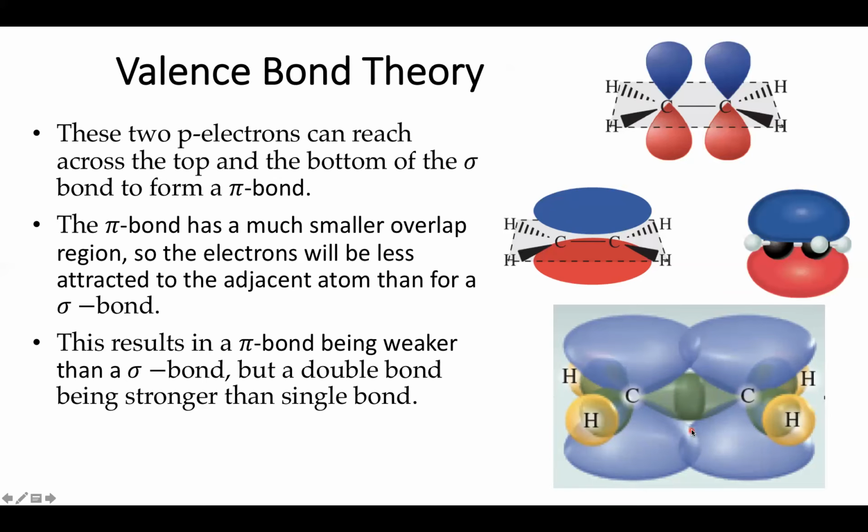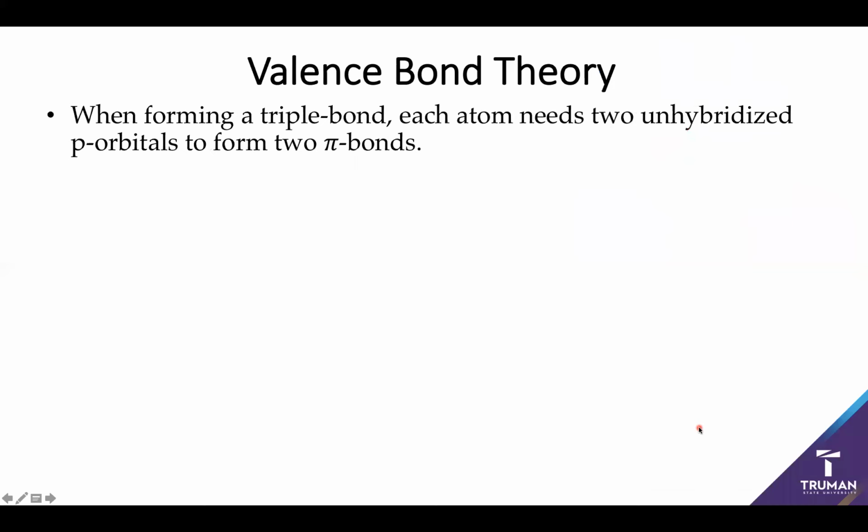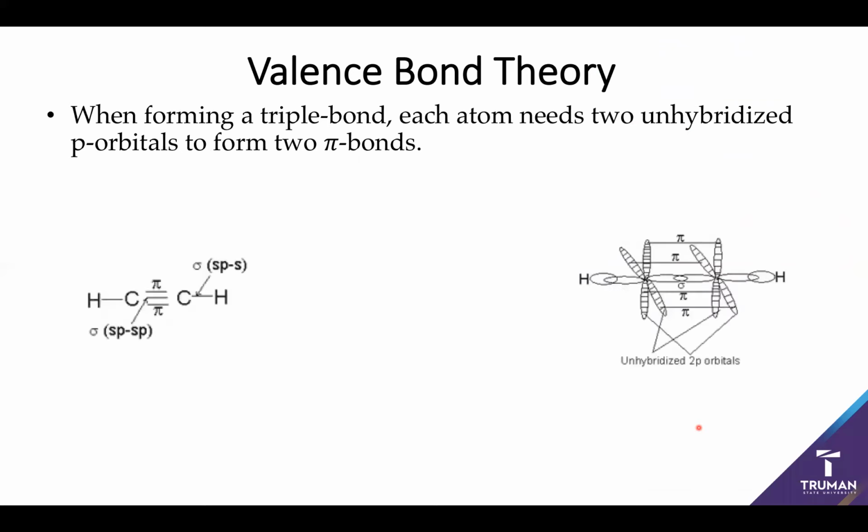Now, if this works for a double bond, we can use the same general idea for a triple bond. The only difference here is that when I have a triple bond, usually what I have is an sp hybridized atom. Because if I've got a triple bond, this usually means I can only have 2 electronic domains, so I don't exceed the octet rule.